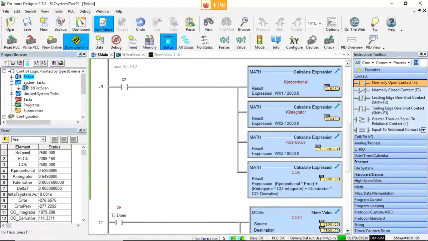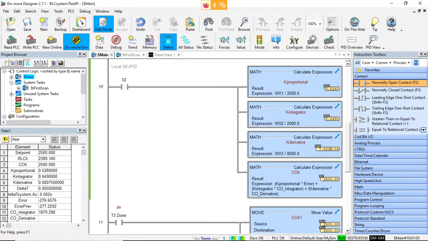For the derivative piece, you have to be very careful that you don't get too big of a gain, because remember, the derivative is reacting to a change in the system. So if the system is going to change very quickly, then the derivative term is going to be very high anyhow. So you don't want to multiply that times a huge gain. It's very easy to knock the system out.